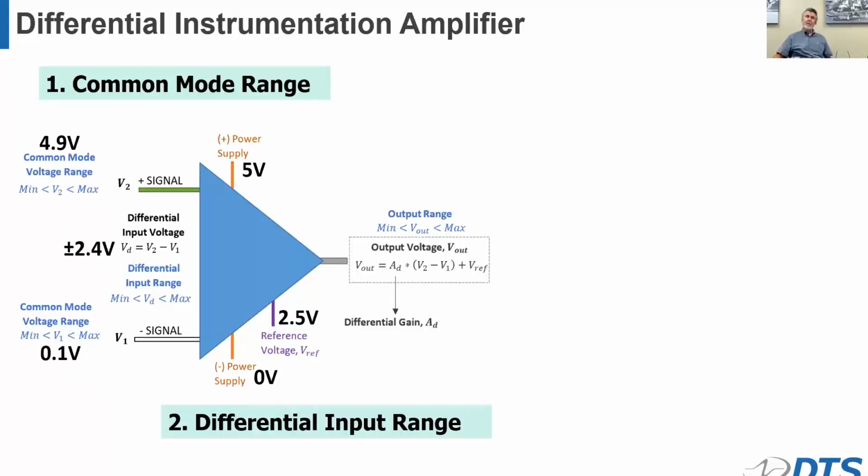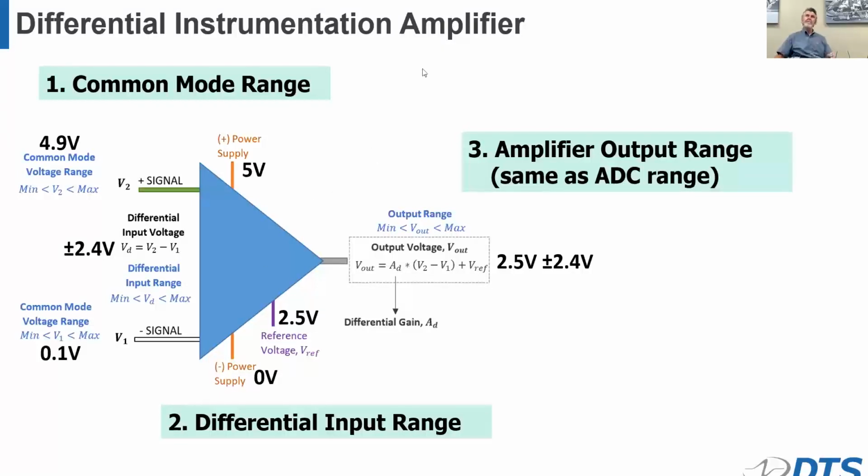Okay, the next thing is, what about the differential input range? This is the range of signals that that instrumentation amplifier can handle. And typically in these small low power systems, it's plus and minus almost 2.5 volts, not quite. Some systems actually handle more than that, but this is a baseline using our very smallest, lowest power system. And finally, the amplifier will have an output voltage.